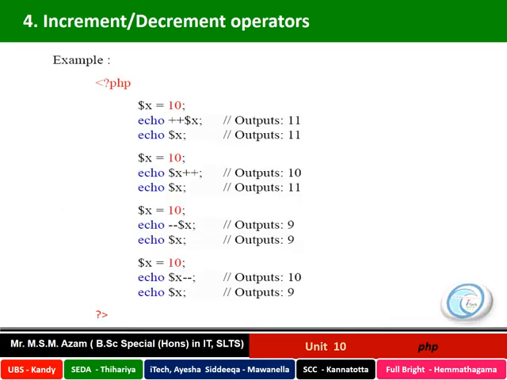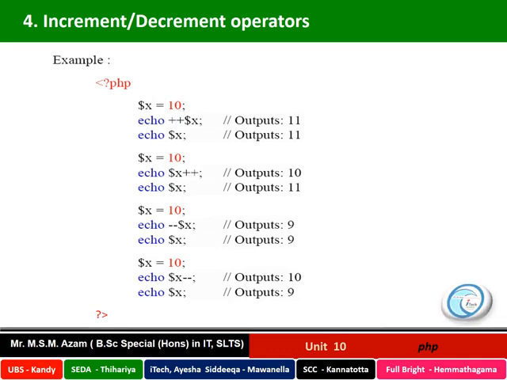See the given examples. I declared a variable called x. Value given to that variable is 10. Then I apply the pre-increment operator first. There I say echo ++$x.